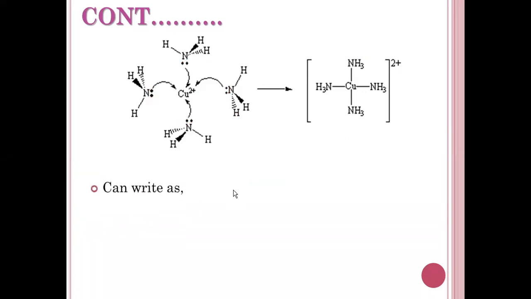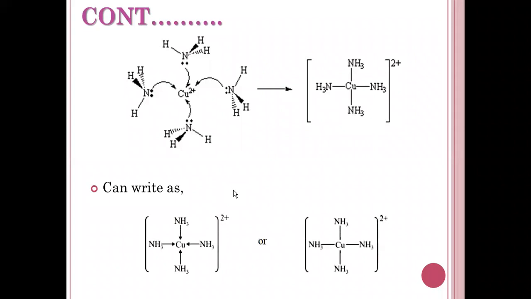You can write this either like this or like that. There should be the arrow or the bond; both are accepted.